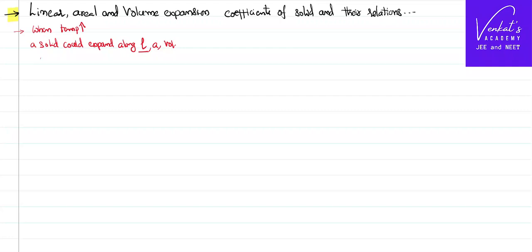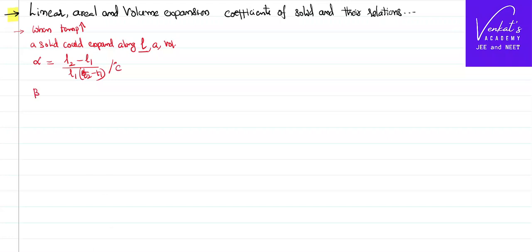of linear expansion. As we have defined in the previous video, coefficient of linear expansion is the ratio of increase in the length of the solid to its original length per 1 degree centigrade rise in temperature, T2 minus T1, per degree centigrade.